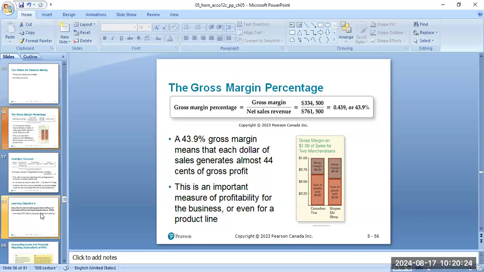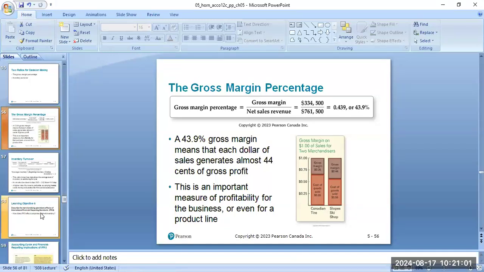Gross margin is the first important checkpoint for the companies when they start preparing their financial statements, because it's an indication of how well the company is managing the costs first, sales, and how much they can generate from selling inventory and merchandising inventory.